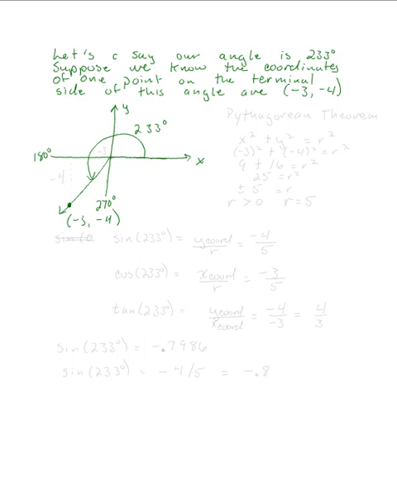And r is the thing that we're missing. Remember, r is the distance from the origin out to that coordinate. So if we need to know what that distance is, let's just draw a little picture here. We know that x is -3, so that distance is -3. Y is -4, and so to find r, it looks like we could use the Pythagorean theorem.